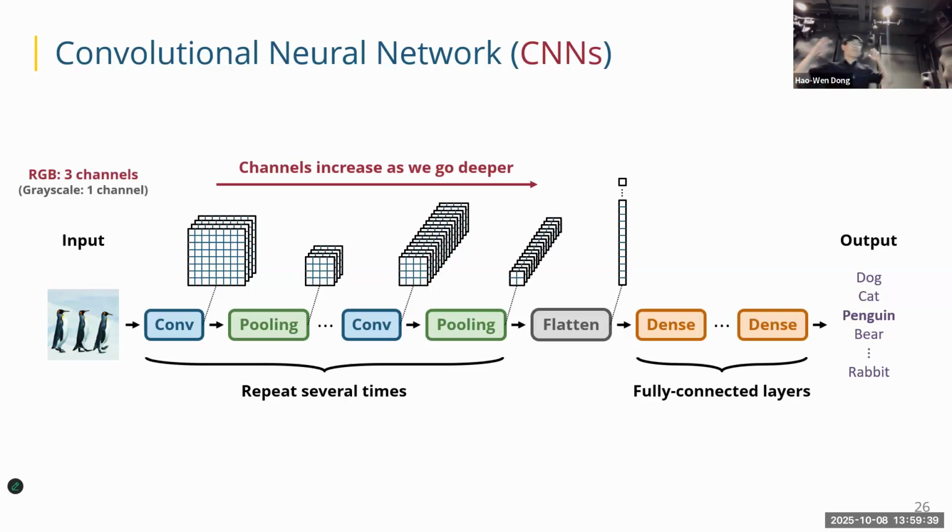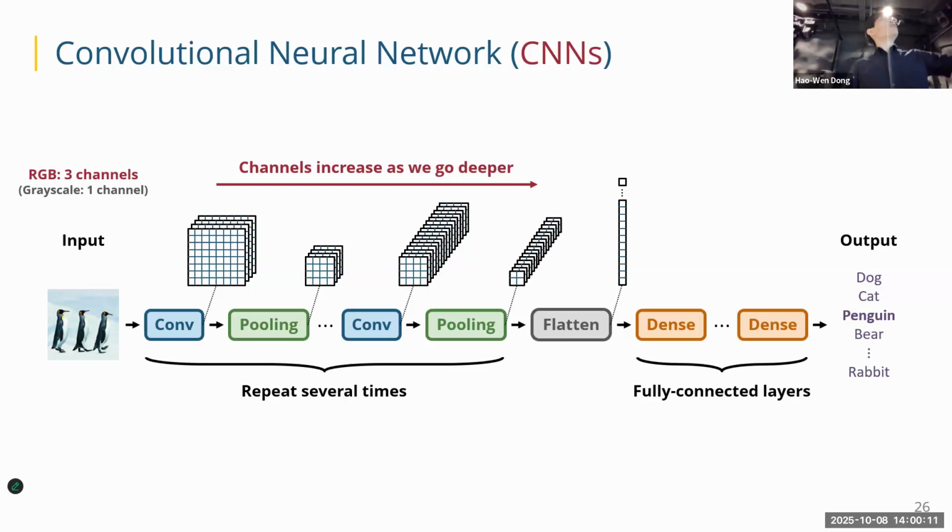You just go deeper and deeper. So usually you start with 3 channels or 1 channel, RGB and grayscale 1 channel. And over time, your resolution will shrink, but at the same time, the channels will increase. So the channels are the different features you are trying to detect. And the resolution goes lower and lower, but at the same time, you have more stuff to detect because now things become more complex.